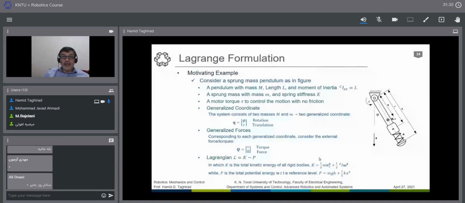And we know that K is a scalar. It is not a vector, because v_c squared is v_c transpose v_c, a dot product, so it is a scalar. And we have also 1/2 I omega squared, if we have some rotational motion, very similar to 1/2 m v squared. We have 1/2 I, but again, which I?